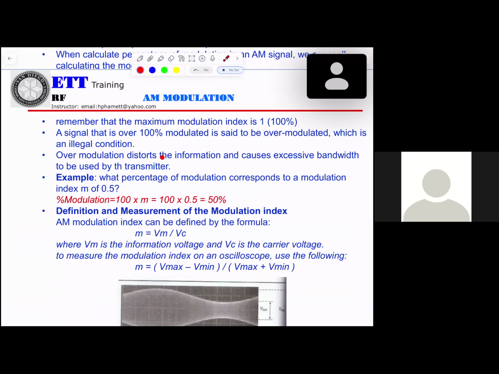Over-modulation distorts the information and can cause excessive bandwidth to be used by the transmitter. Example: what percentage of modulation corresponds to a modulation index m of 0.5? Percentage modulation is 100 times 0.5, so you get 50%.